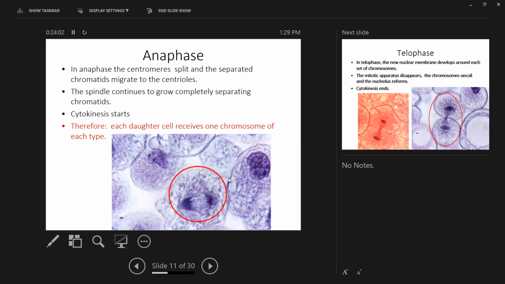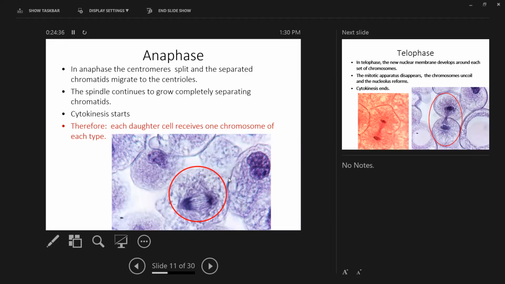It starts with a band of contractile protein that forms around the outside of the cell. That contractile protein is the very same protein we use in our skeletal muscles. It's called actin, and it constricts. That's what it does. It forms around the outside of the cell in the middle and begins to constrict and squeeze more and more.